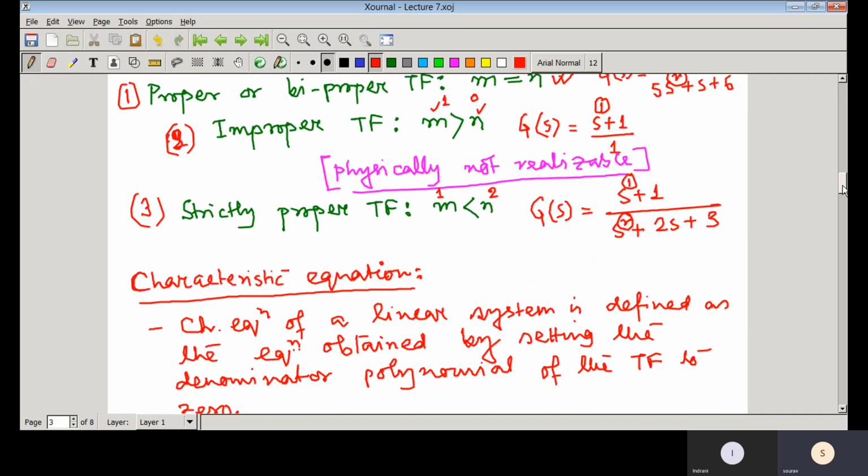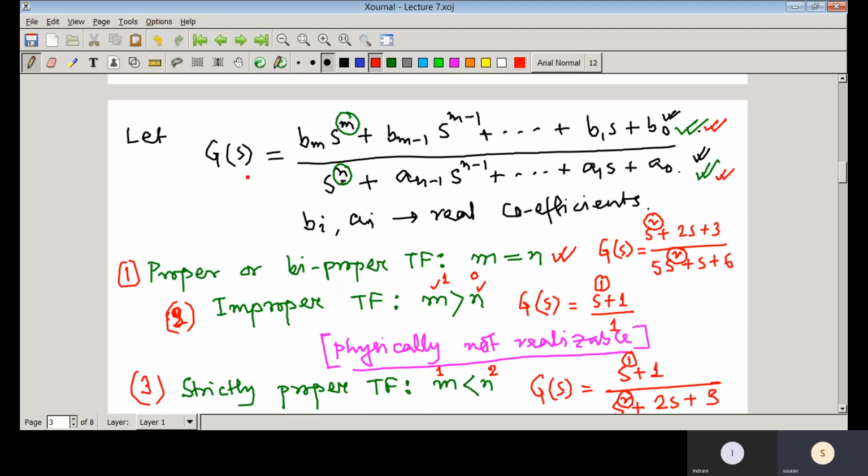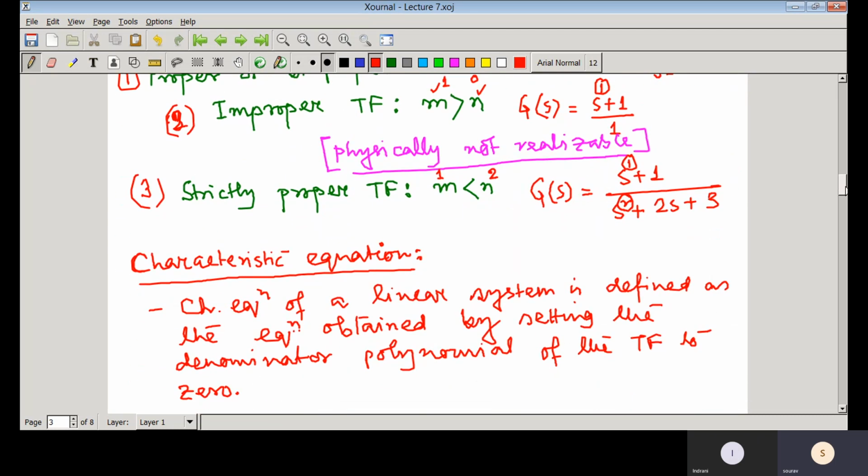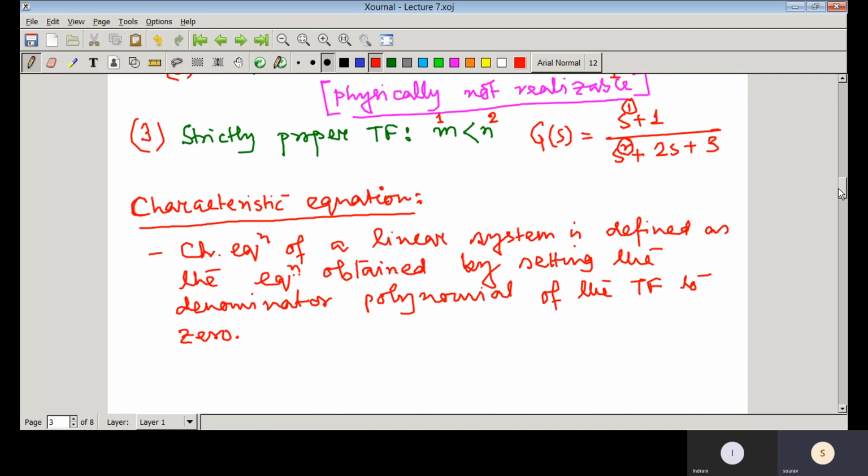What is that? If you have a transfer function G(s), this is the numerator and this is the denominator. If you make this denominator equal to 0, then this particular equation is called the characteristic equation. So the characteristic equation of a linear system is defined as the equation obtained by setting the denominator polynomial of the transfer function to 0.